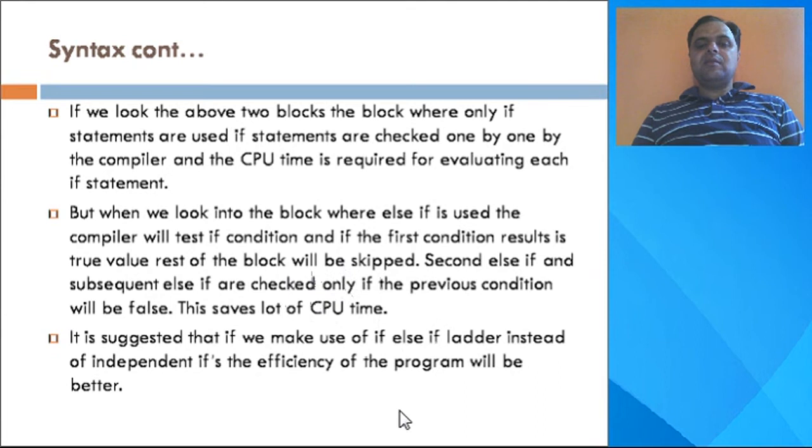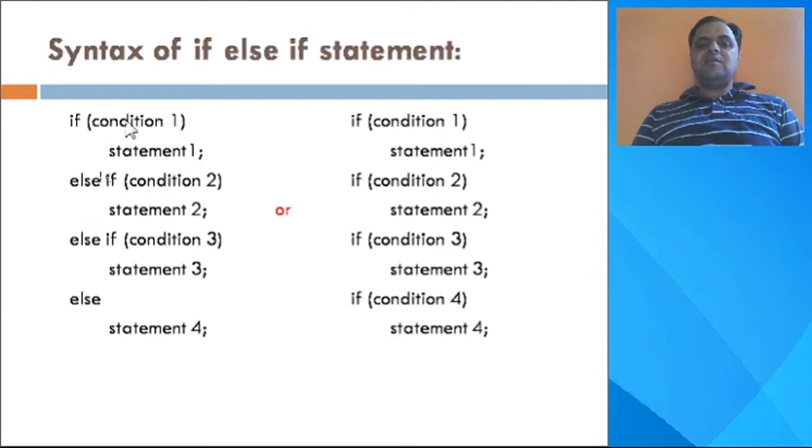This way of representing if else if statement saves a lot of time, because we only have to check a condition if all the previous conditions are not true, whereas in the other case we have to check every condition, so the CPU will take more time.